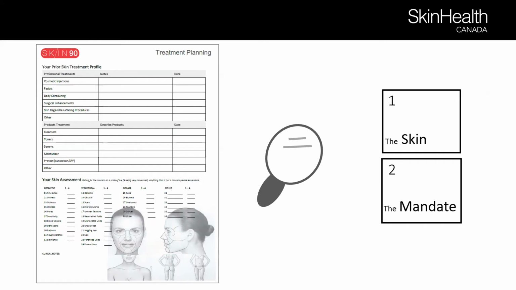You'll see there's a little mirror icon on this slide. This is an important point I wanted to highlight: there are lots of different technologies out in the marketplace that are often used to assess skin.